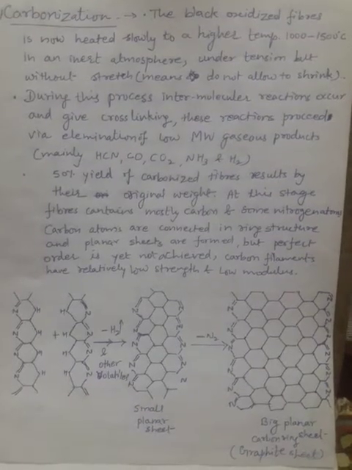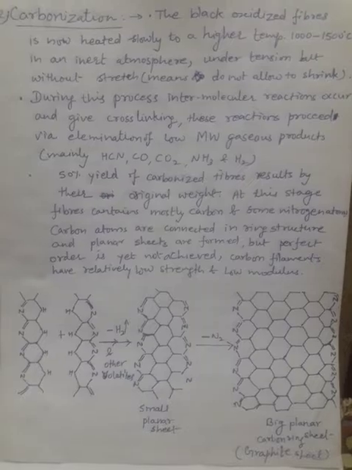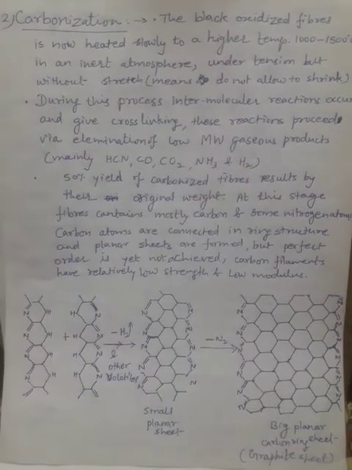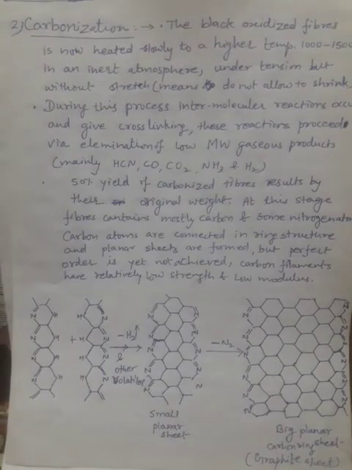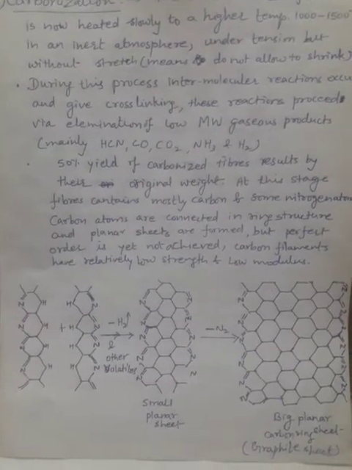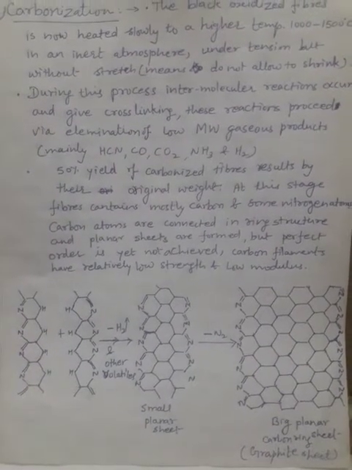Carbonization. The black oxidized fiber is now heated slowly to a high temperature of 1000 to 1500 degrees centigrade in an inert atmosphere. It is important to note that oxygen must be removed during the processing, and this carbonization process is carried out under tension but without stretch, meaning the tension only does not allow shrinkage, but does not cause any stretch.